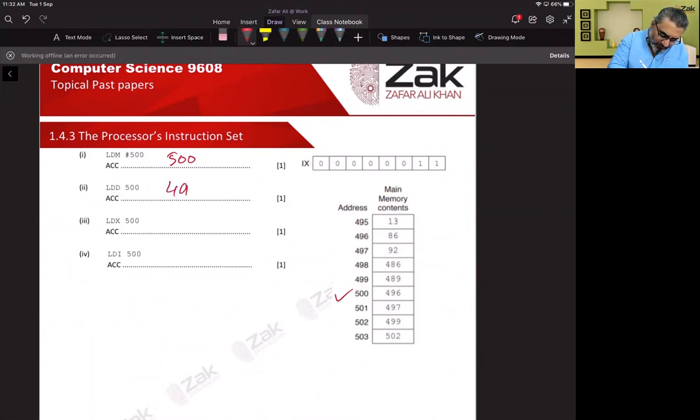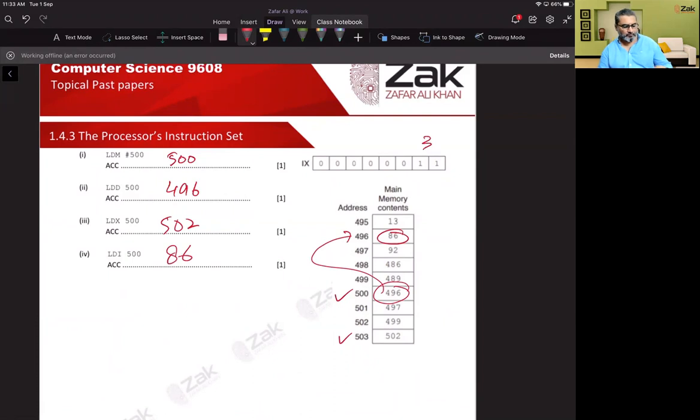So this would be loaded. LDX 500. The index register has got 3 in it. So 500 plus 3, 503, 502. So now LDI 500. 500 says go to 496. 496 is having 86. So this is indirect.